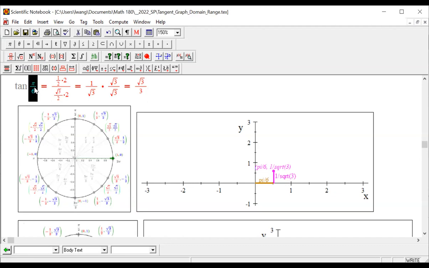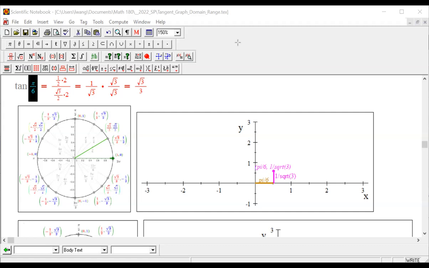Pi over 6 is the input. It's terminated here, right? It has a terminal crossing the unit circle at the point root 3 over 2 comma half, it terminates here.